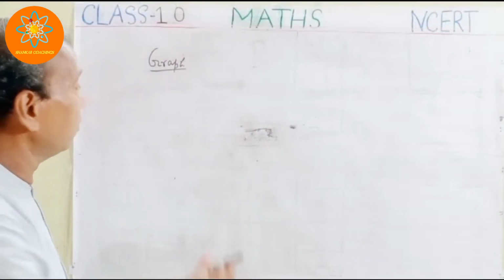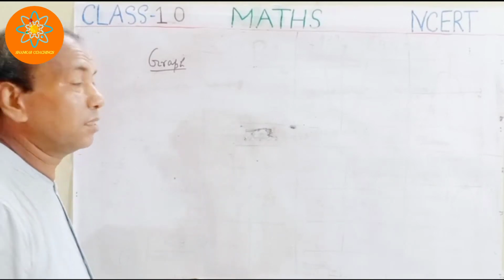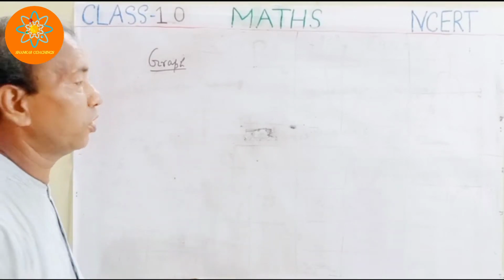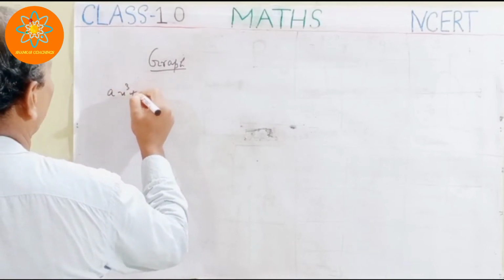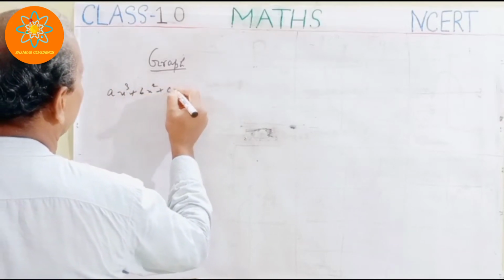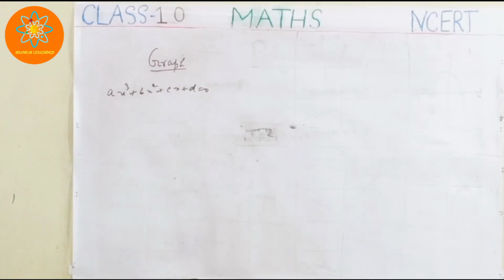After seeing the graph of the linear equation and quadratic equation, I will discuss the graph of the cubic equation. Suppose the cubic equation is ax cube plus bx square plus cx plus d equal to 0. Let's suppose I want to draw the graph of this one.